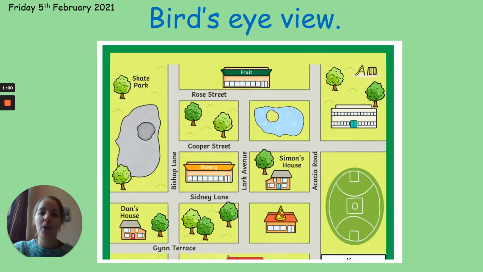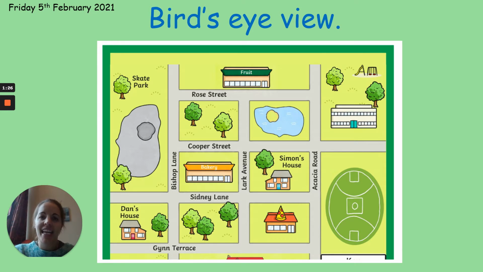All right, so that's called a bird's eye view, and this map's a little different than the one I showed you, but you can see there's lots of things on there. So over here you have someone called Dan, and there's Dan's house. You have trees, a skate park, you have the streets with their names, a bakery, a football pitch. Okay, so a map is a bird's eye view of an area, and I've got a map there for you.